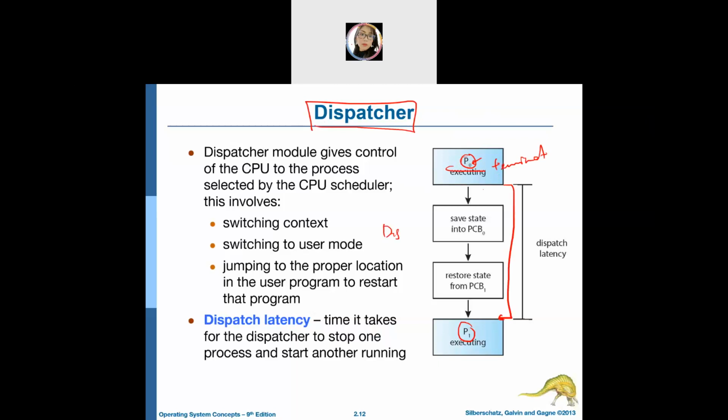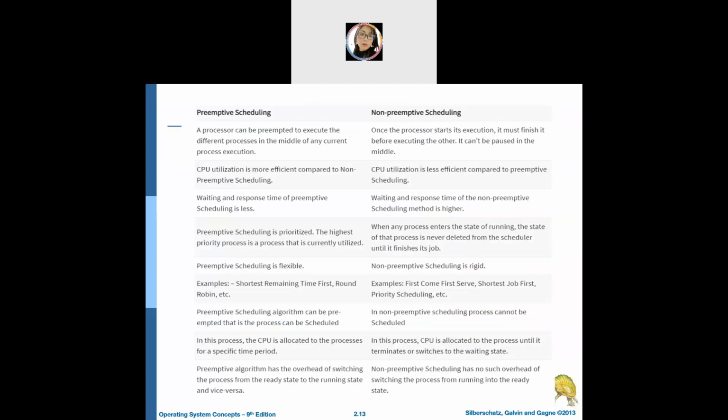The dispatcher will save the state of your previous process, then restore and continue with process 1. And this duration is called the dispatcher latency. So let's take a look at the differentiation between these two.